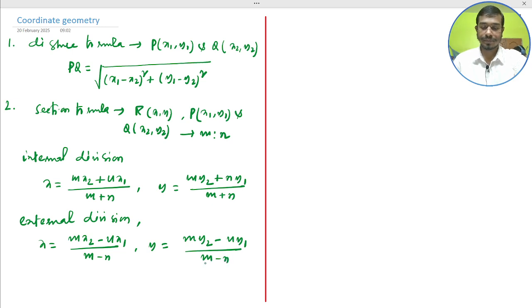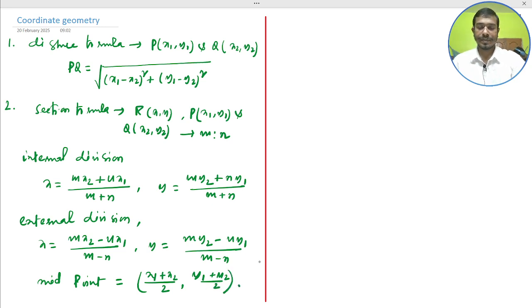Okay. And the midpoint, that is (x1 plus x2) divided by 2 and (y1 plus y2) divided by 2. This is the midpoint.